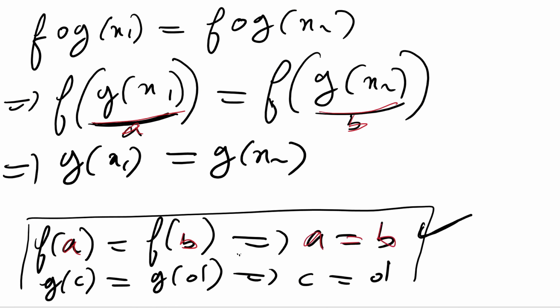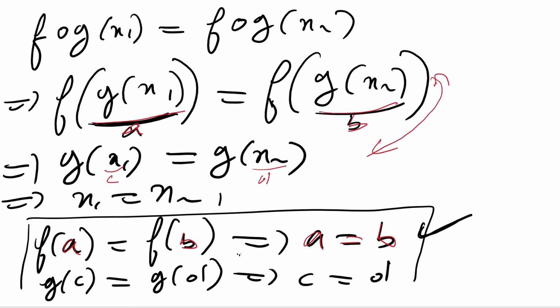So from this, because f is one-to-one, you can write this expression this way. And again, from this, if you think of this as c and this as d, from there you can write this also. This gives you x1 equal to x2 and the proof is complete. And this is true because g is one-to-one. So you get the point.